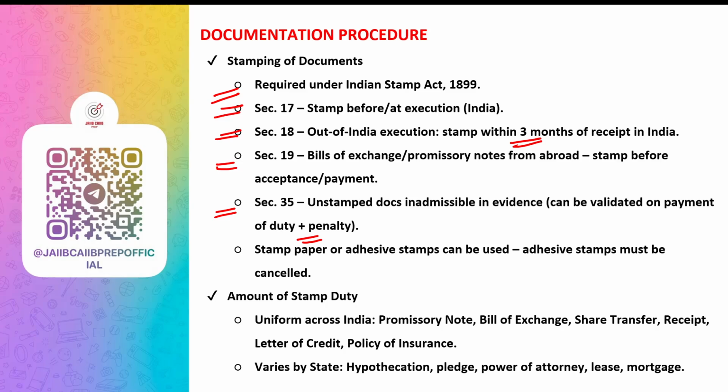Then we have different types of stamp, like stamp paper, government printed papers of specific value, and adhesive stamps. They are stuck on pre-printed forms and they must be cancelled, so they cannot be reused. So there is a cancellation rule, section 12.